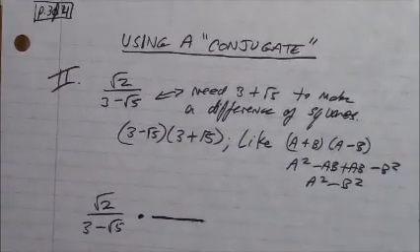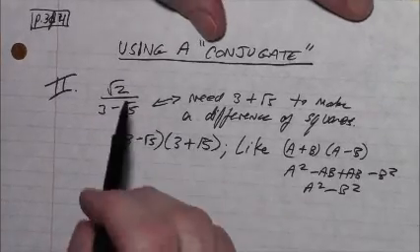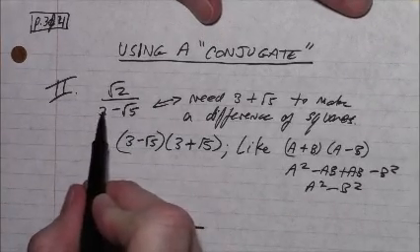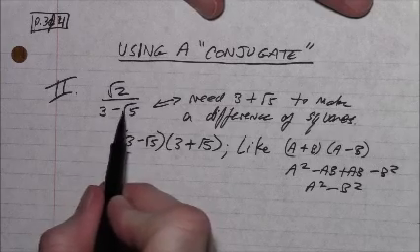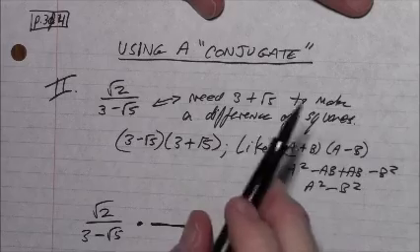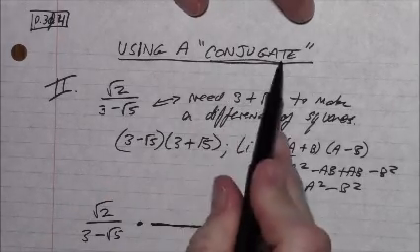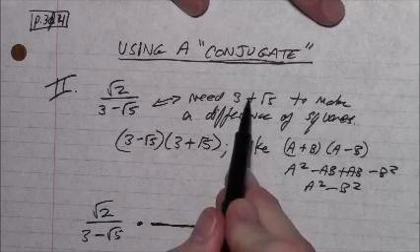Now, the next part of doing rationals involves using a conjugate. So here is the concept we're going to have, that now in the denominator we have a binomial, something plus or minus something, and one of them being a square root. So in this case, 3 minus square root of 5, we're going to need to use the conjugate, which is the same thing but with a different sign.